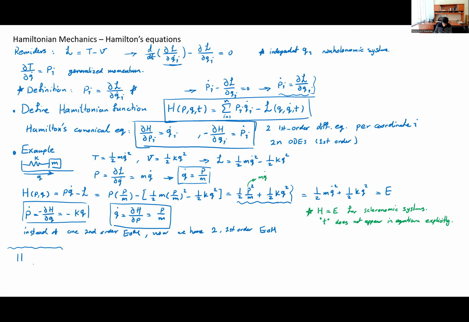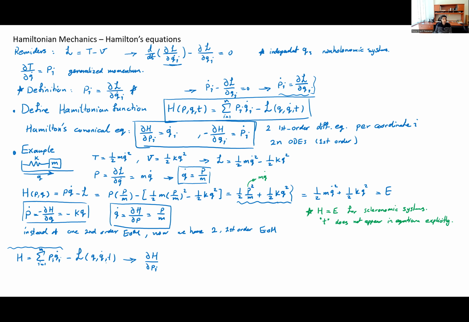So Hamiltonian is the sum of P_i Q dot_i, i from 1 to N, minus the Lagrangian, which we keep as a function of Q, Q dot and t. So partial H, partial P_i.